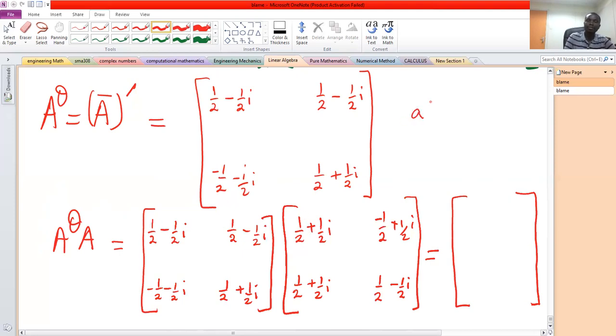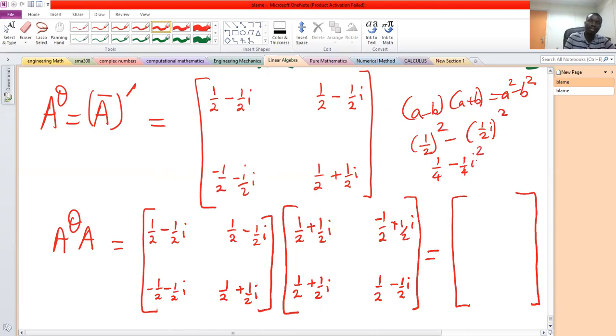Now, you see this one here and this one here is a difference of two squares. Remember, the difference of two squares is a minus b times a plus b, which is a squared minus b squared. This is like squaring a half and then minus a half I squared. So a half squared is 1 over 4, minus 1 over 4 I squared.